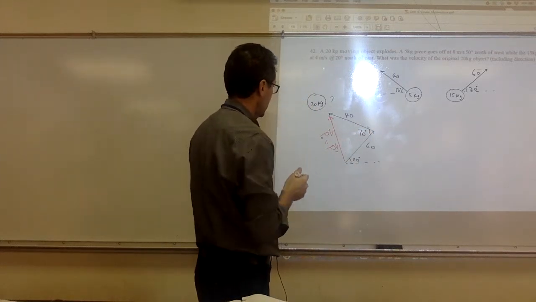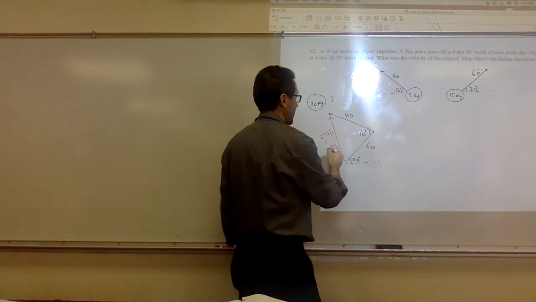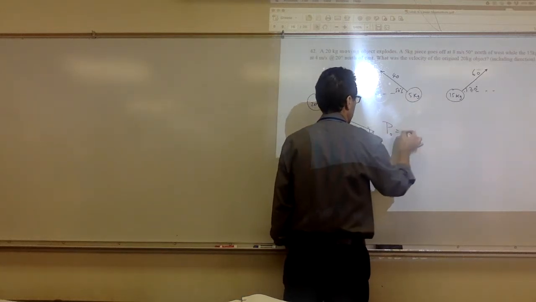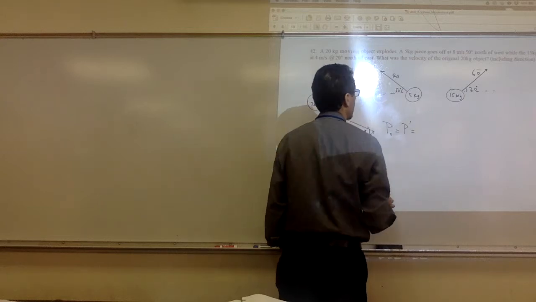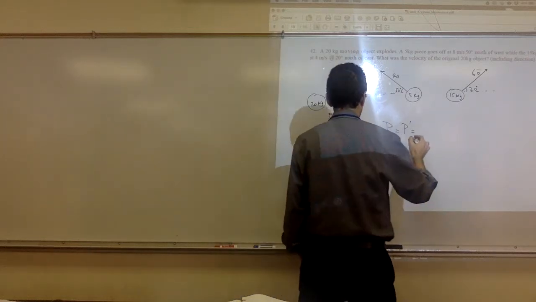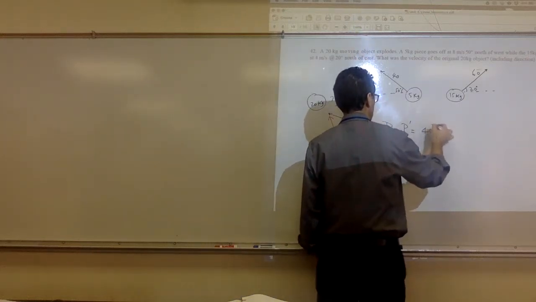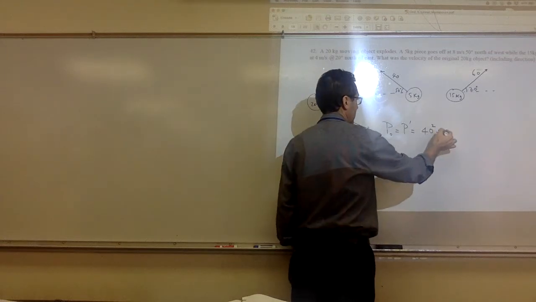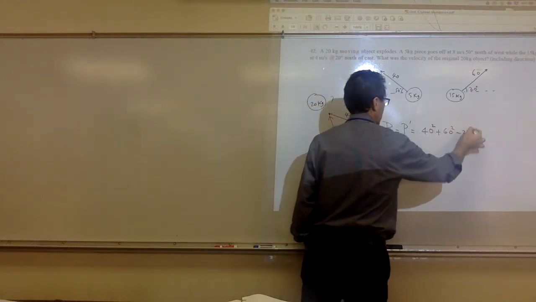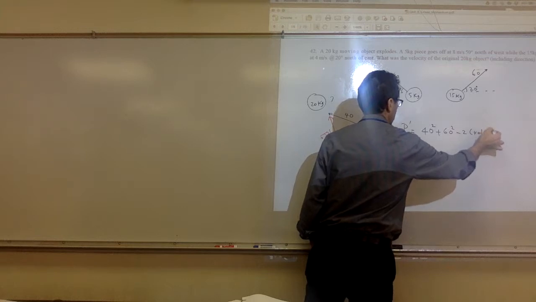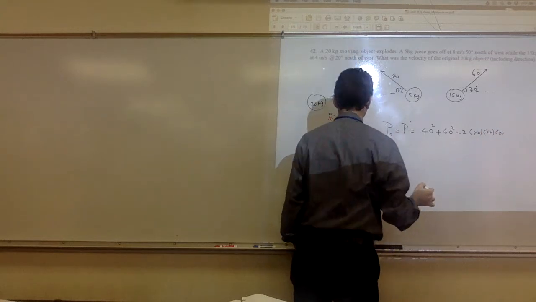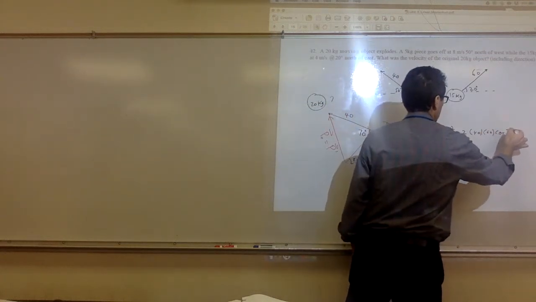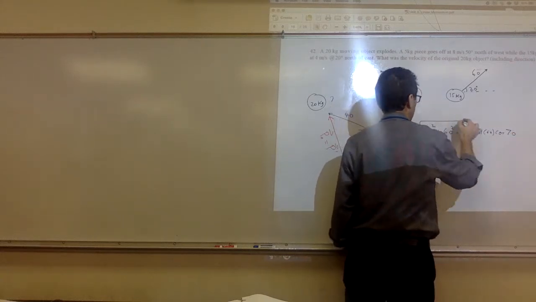So now I think I can do law of cosines and find the initial slash final momentum, because they're going to be the same. And that's going to be 40 squared plus 60 squared minus 2 times 40 times 60 cosine of the angle between them, the included angle. I need to take a radical here.